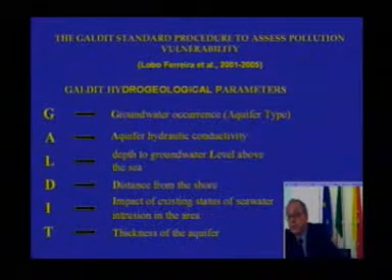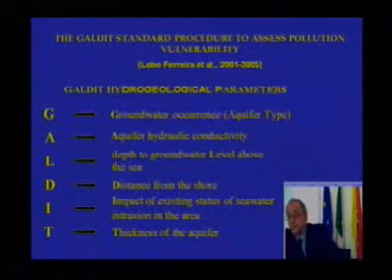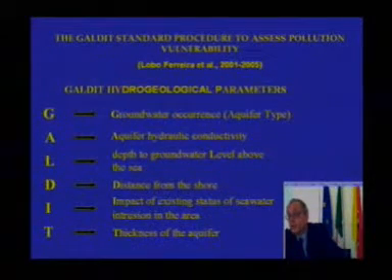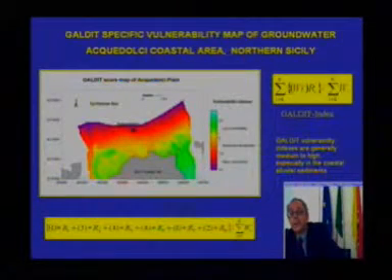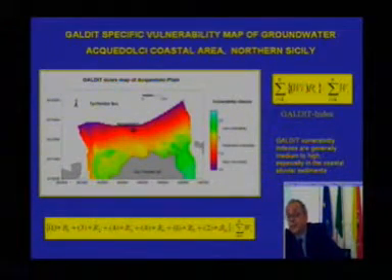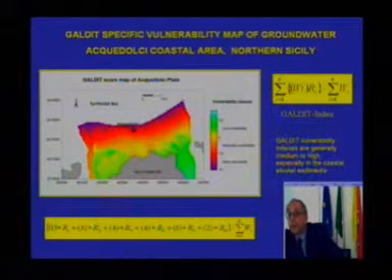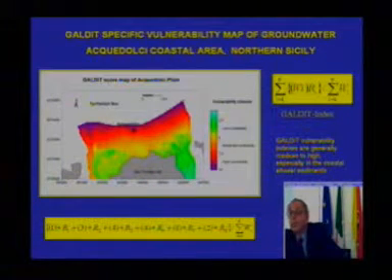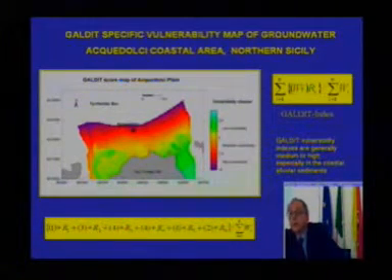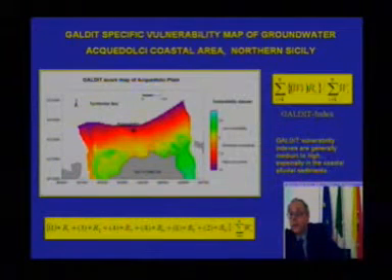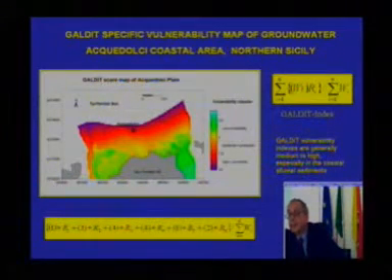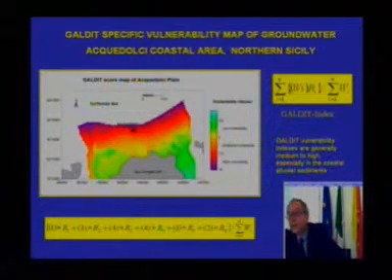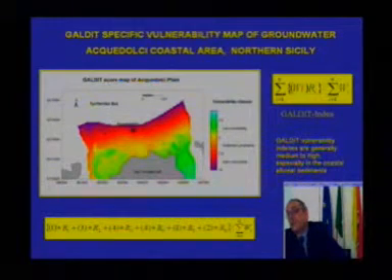The most important are the impact of the existing status of seawater intrusion and the distance from the shore, considering the different wells in the area. This is the result of this part of the research, the GALDIT specific vulnerability map of groundwater in the Acquedolci coastal area. Also in this case, we have to consider scores and weights to obtain the final vulnerability index, that is the capability of the territory to be polluted by contaminants arriving from the surface or from the sea.